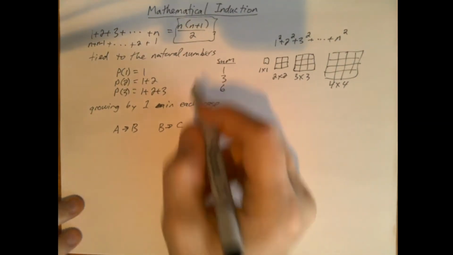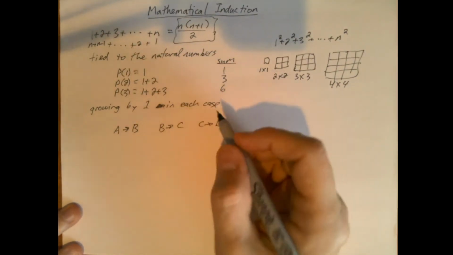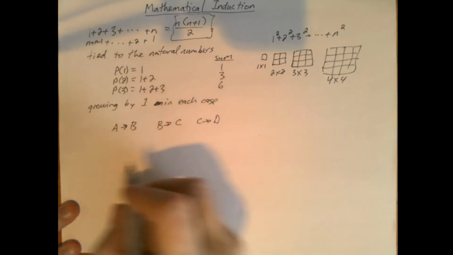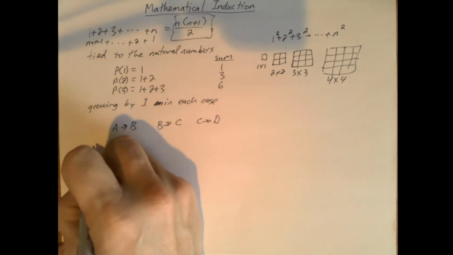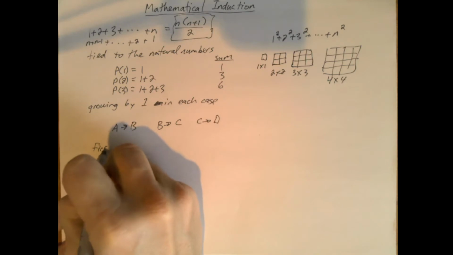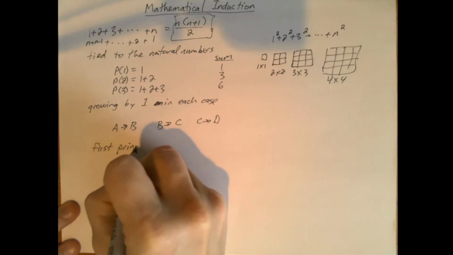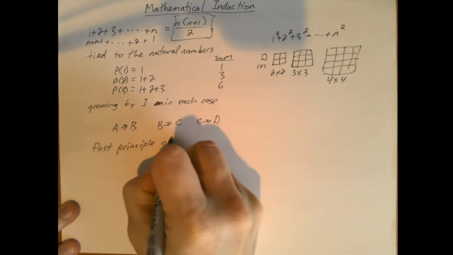So what does mathematical induction tell us? Well, there are different versions of it, but we're going to look first at what we would call the first principle of mathematical induction.